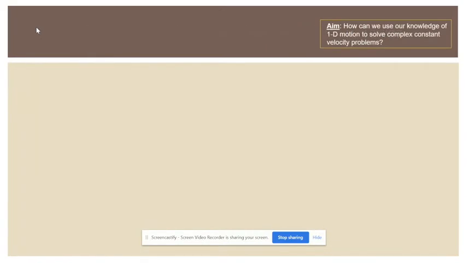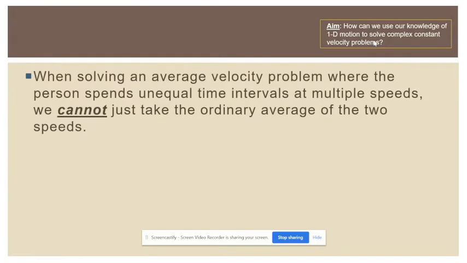The first thing we could say about this kind of problem, which I generally refer to as complex constant velocity problems, is that when solving an average velocity problem where the person spends unequal time intervals at multiple speeds, we cannot just take the ordinary average of the two speeds.